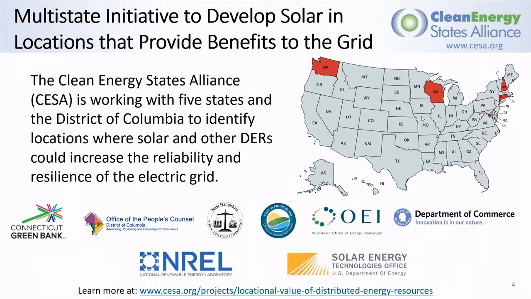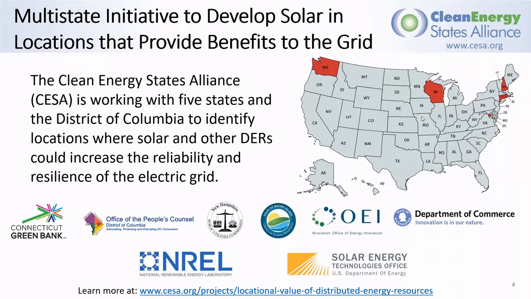Today's webinar is being conducted as part of our multi-state initiative to develop solar in locations that provide benefit to the grid. It's a CESA project, and under this project, we're working with 5 states and the District of Columbia to identify locations for solar and other distributed energy resources that provide meaningful benefits to the grid.